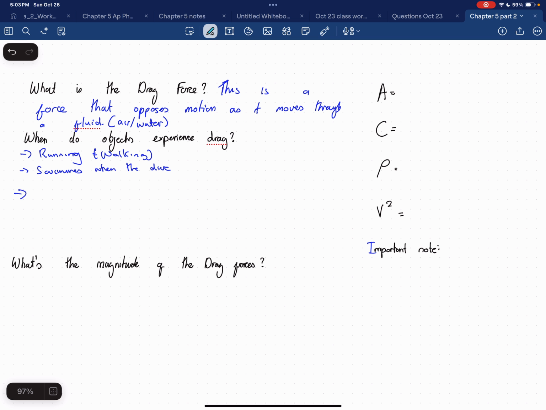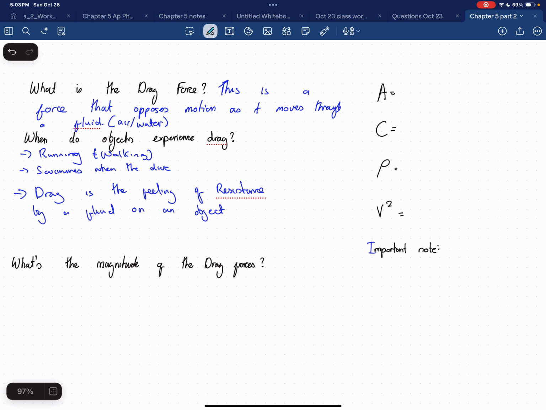So really, a way to describe drag is the feeling of resistance by a fluid on an object.